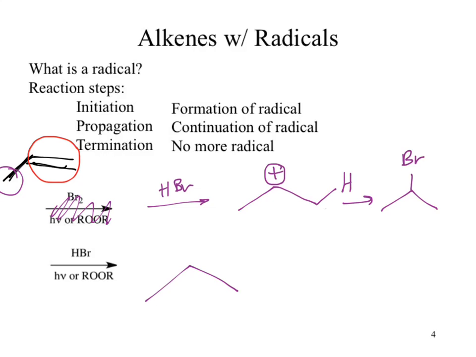Okay. Again, we'll keep our skeletal structure, but what ends up happening is we put the bromine in an anti-Markovnikov position. It again goes back to the chemistry of how the reaction occurs, what positions are more accessible and available, and we end up putting our bromine on the opposite position. Okay.